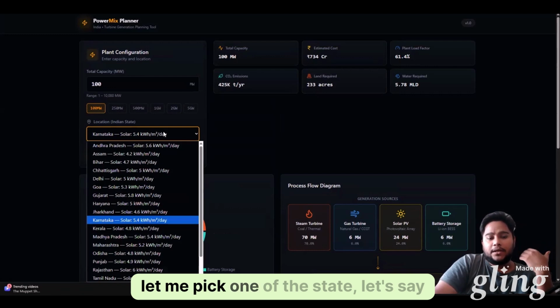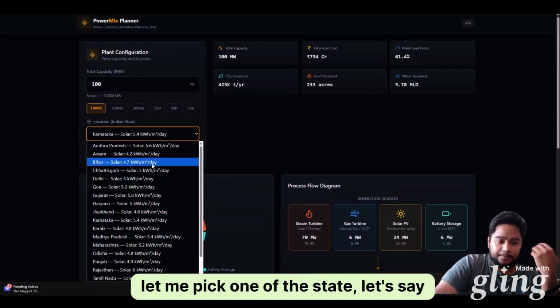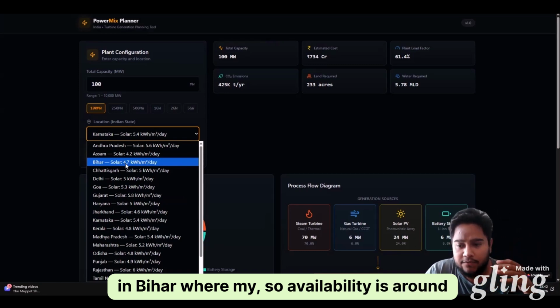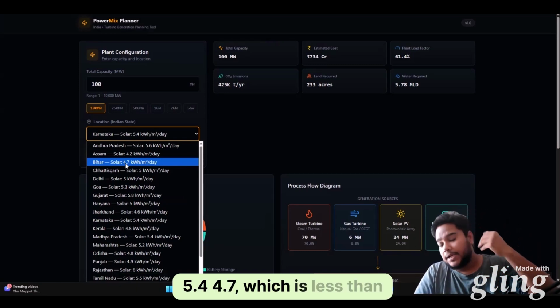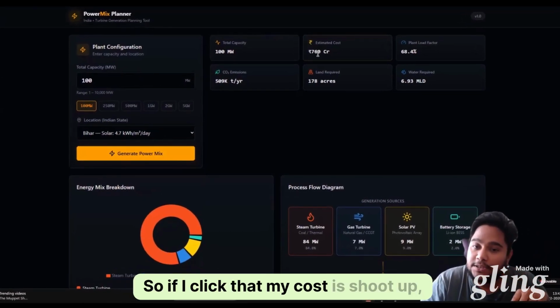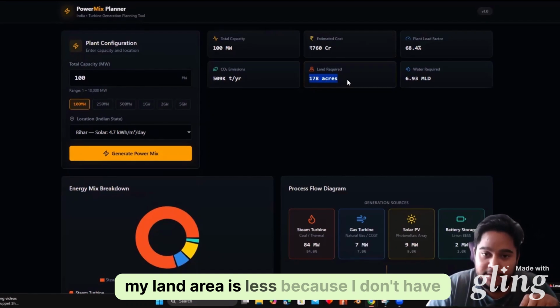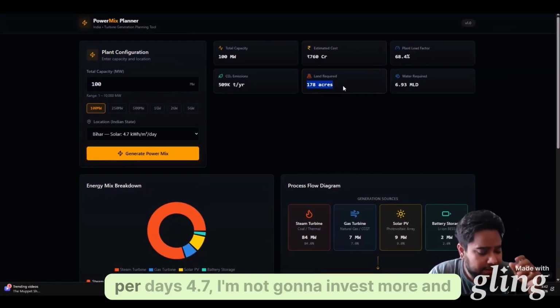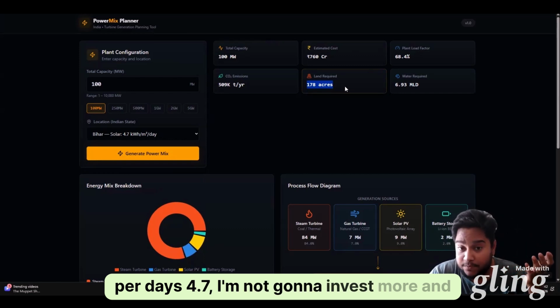Now let me pick one other state, let's say Bihar, where my solar availability is around 4.7, which is less than Karnataka. If I click that, my cost shoots up. My land area is less because if I know my solar per day is 4.7, I'm not going to invest more.